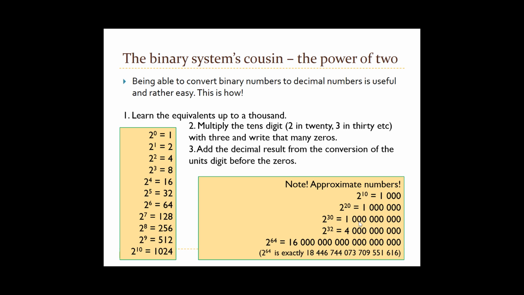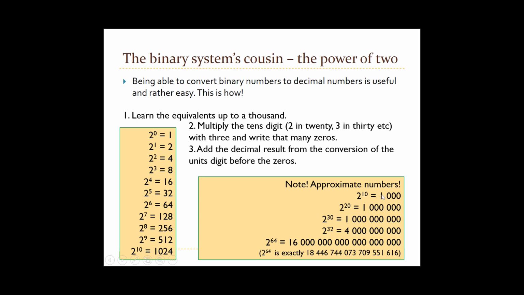Add whatever is left, like 2 to the power of 2 is 4. Meaning, if you have 2 to the power of 10, you have first a 10 digit, 3 zeros, and then nothing.